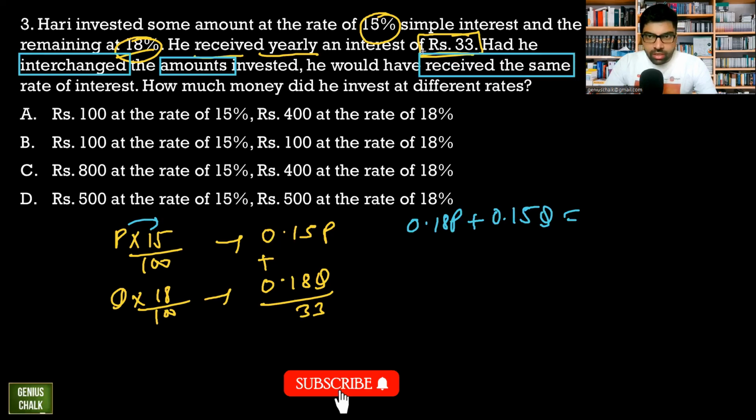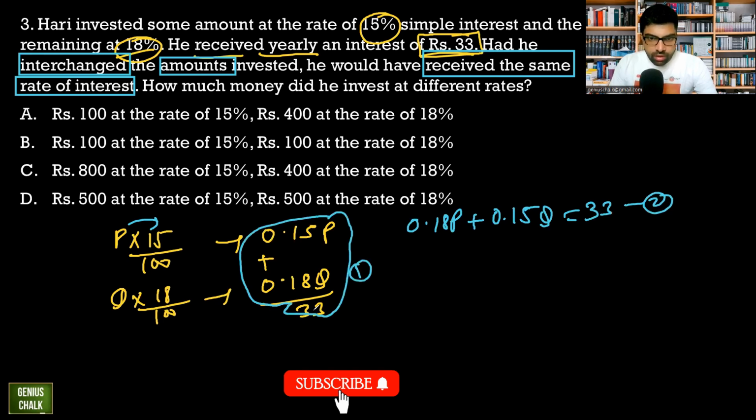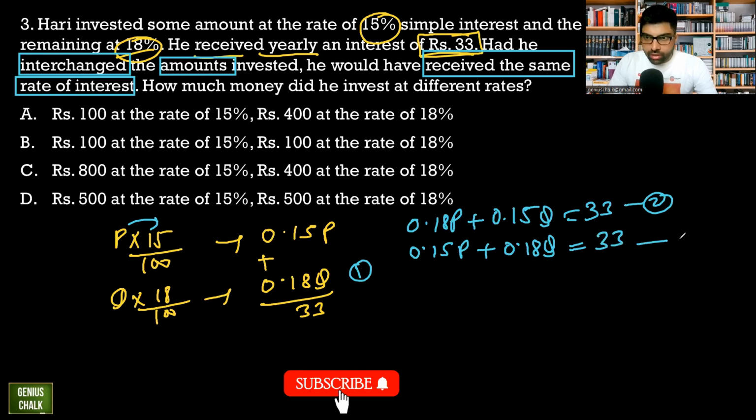You can see he received the same interest. Okay, because the rates will be same, only the values of investments is going to be changed. So this is my second equation, and this is my first equation, right? So it means 0.15P plus 0.18Q, that is also equals to 33. This is my first equation.